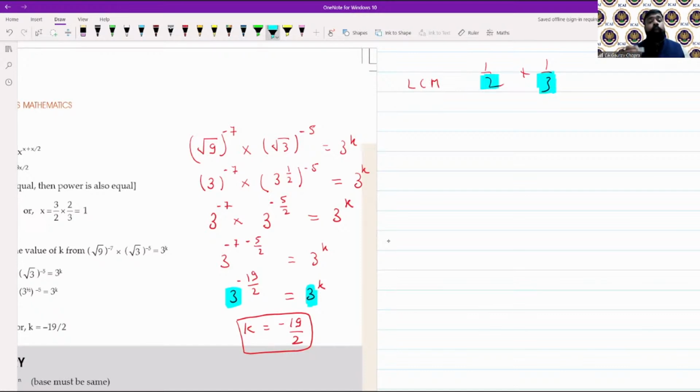So LCM of 2 and 3 is directly 2 multiplied by 3, that is 6, because whenever there are prime numbers in the denominator, we can directly multiply them and get the LCM. Similarly, let's say if you are having 1 by 5 and 1 by 11 and you have to find the LCM. So these two are simple numbers, 5 and 11. Just multiply them and your LCM will be 55.